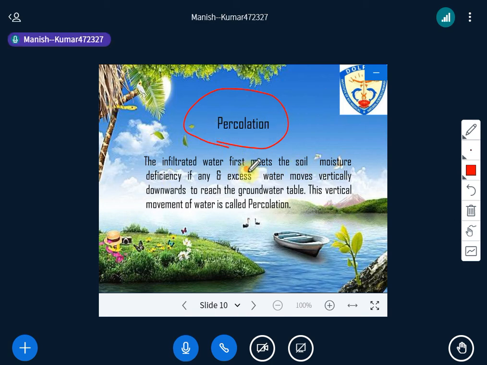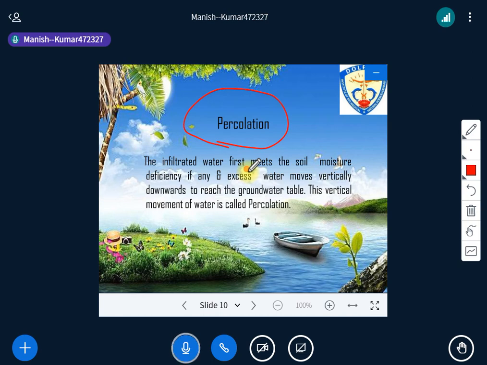See, for infiltration and percolation, there is a difference that one needs to understand. When the water crosses the first layer of the soil, that is infiltration. After that, when the water moves vertically under the influence of gravity to reach the groundwater table, because after that we have rock and porous kind of soil structure.